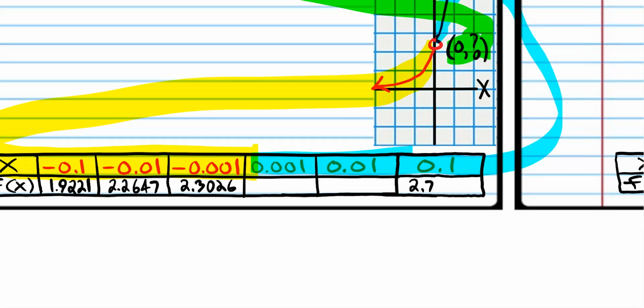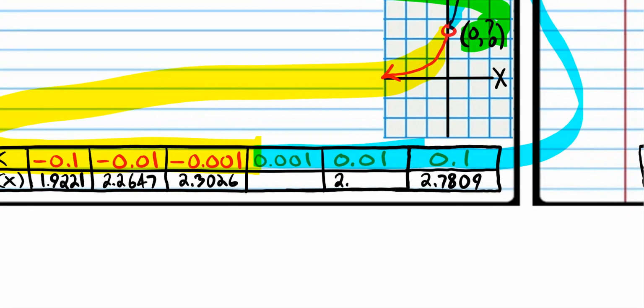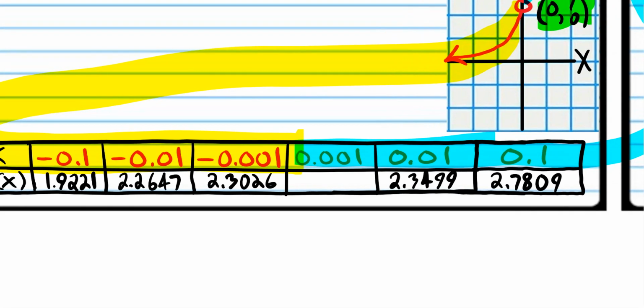And we should get 2.7809, and then do that again, and we get 2.3499. And then press the blue second button at the upper left, and then the trace button at the upper right, and then enter on value, and enter 0.001. And we get 2.3111.